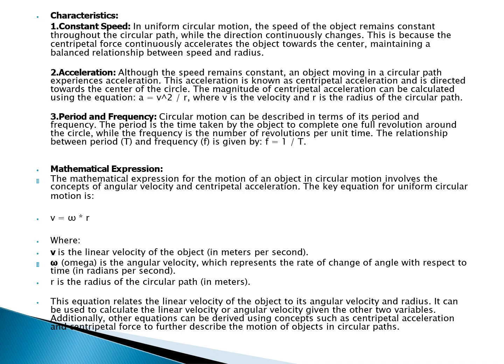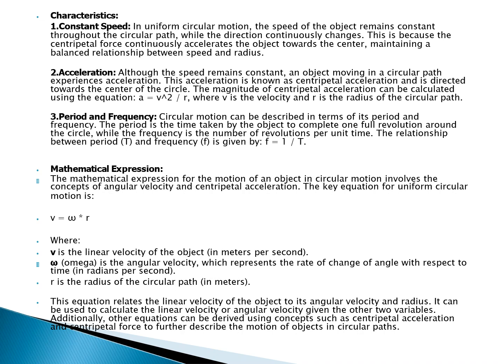The speed of the object remains constant throughout the circular path, while the direction continually changes. This is because the centripetal force continuously accelerates the object towards the center, maintaining a balanced relationship between the speed and radius. Acceleration. Although the speed remains constant, an object moving in a circular path experiences acceleration.